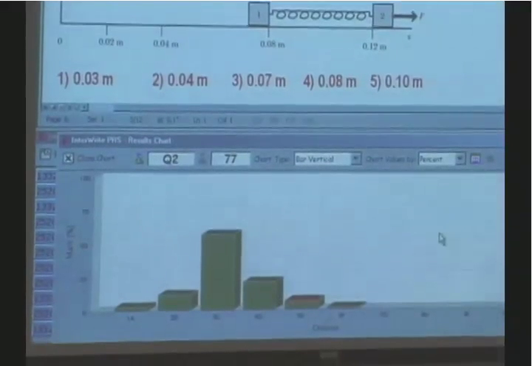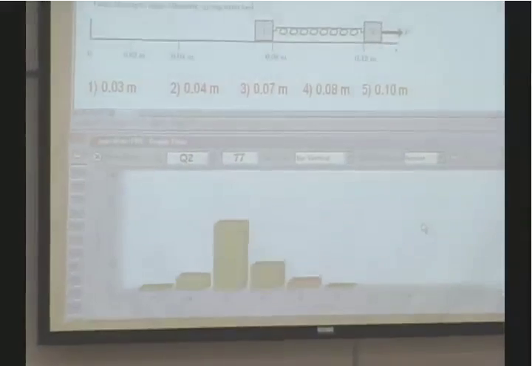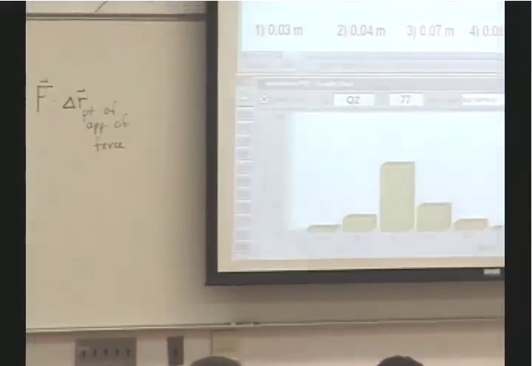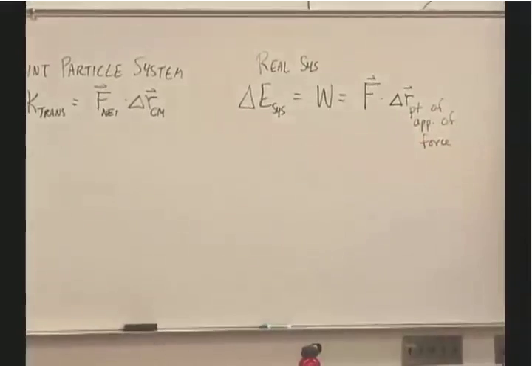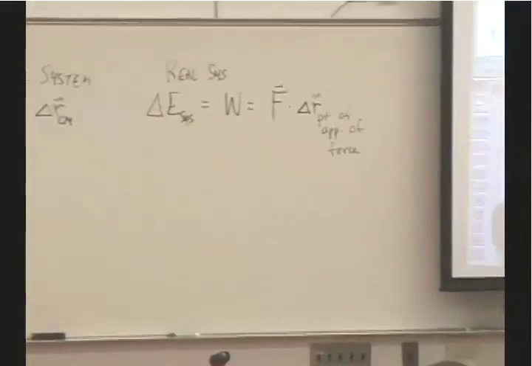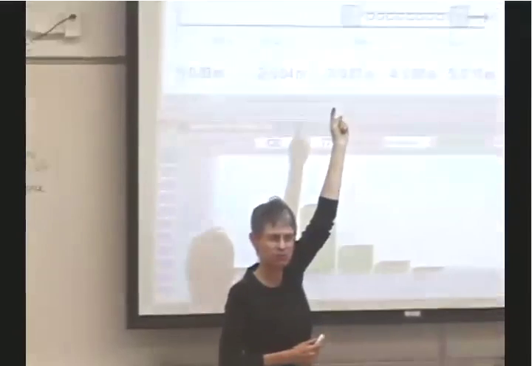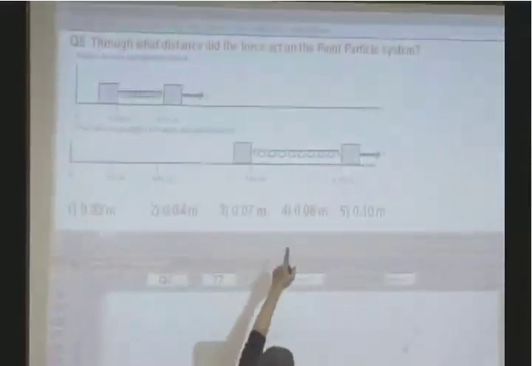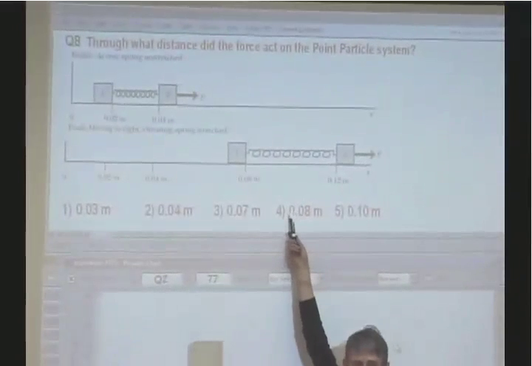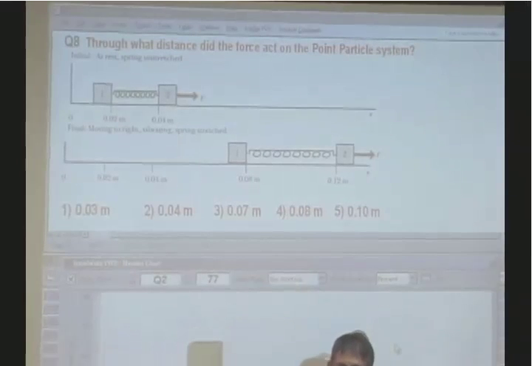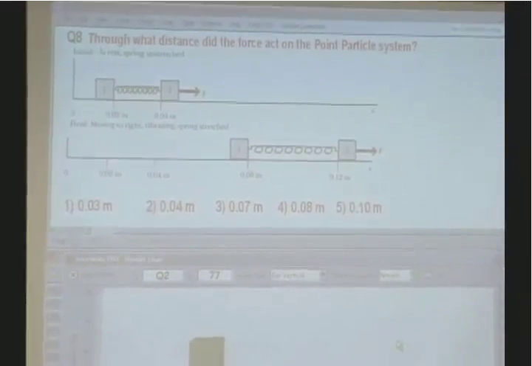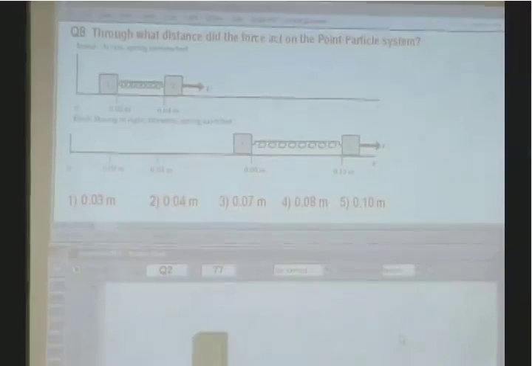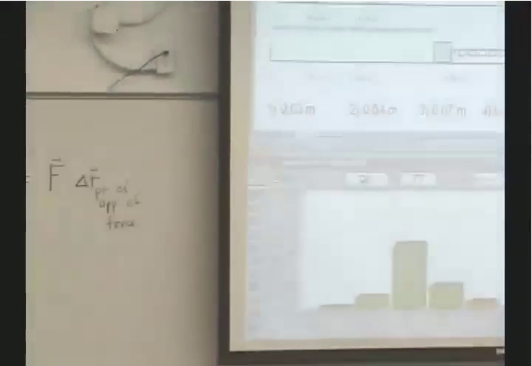Okay, 0.07, and that looks good. Let's look at why that's right. The displacement we want is the displacement of the center of mass, right? In the top one, the center of mass would be at 0.03 meters, and in the bottom one, the center of mass looks like it's at 0.1 meter. So 0.1 minus 0.03 is indeed 0.07 meters. The center of mass moved that distance, so crushing it down to a point, that point moves that distance.